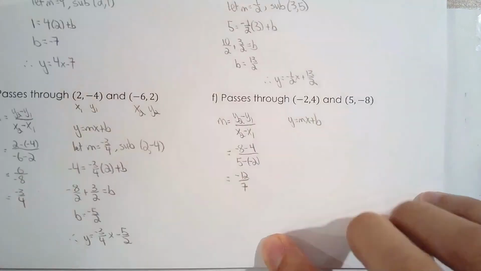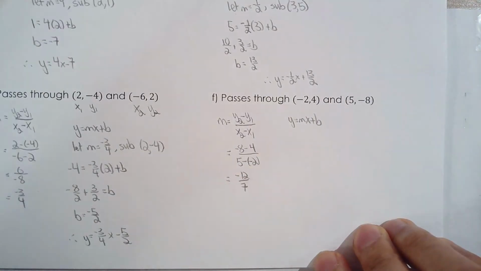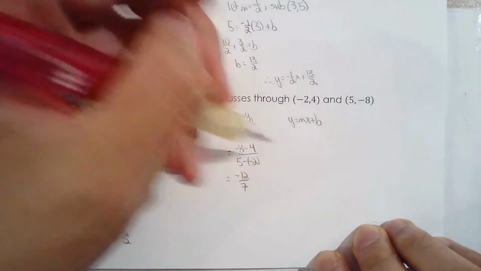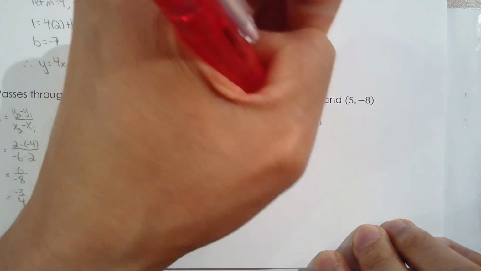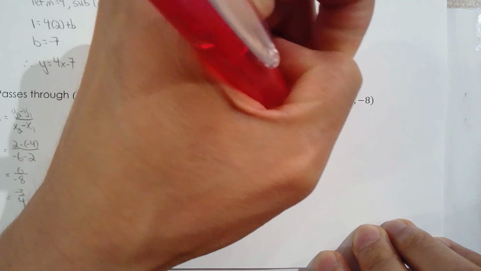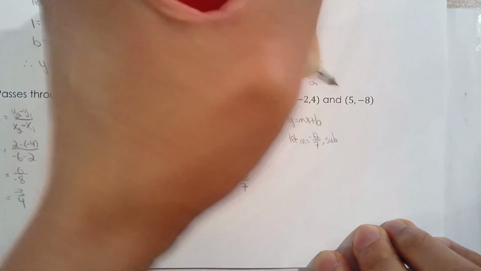But I need the y-intercept as well. So it's always slope, y-intercept, slope, y-intercept. Without the two, you really can't write the equation of the line. I mean, you might have to do some extra work, but ultimately, you want to find the slope and the y-intercept, and then you'll have the line. Okay, so let m equal -12/7, and sub in the point (-2, 4).